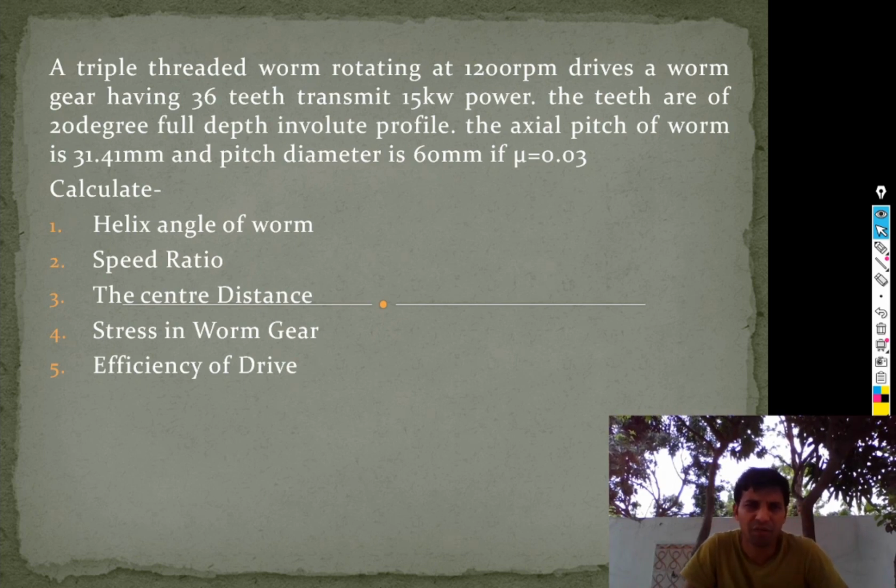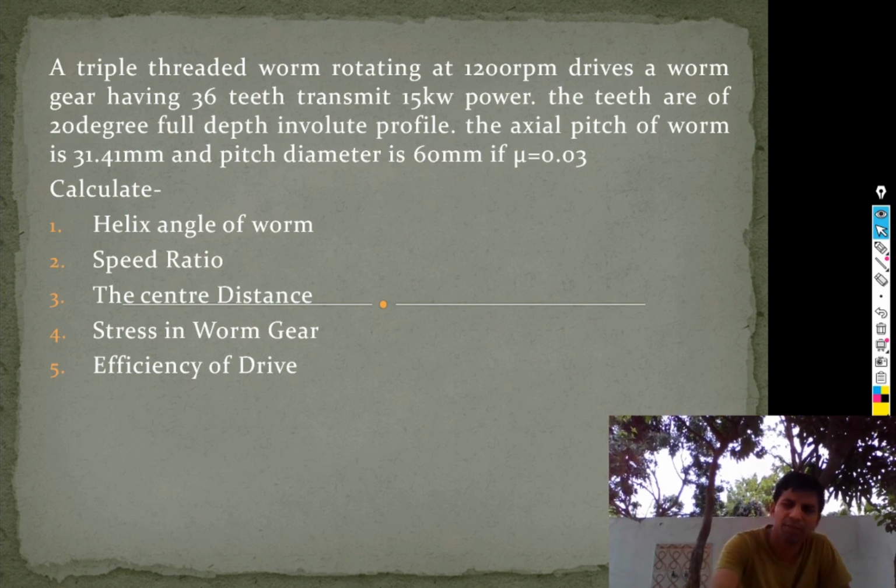The teeth are of 20 degree full depth involute profile. The axial pitch of the worm is 31.41 millimeter and the pitch diameter is 60 millimeter. If mu is 0.03, calculate the helix angle of worm, speed ratio, the center distance, stress in worm gear, and efficiency of drive. So these five terms we need to calculate.